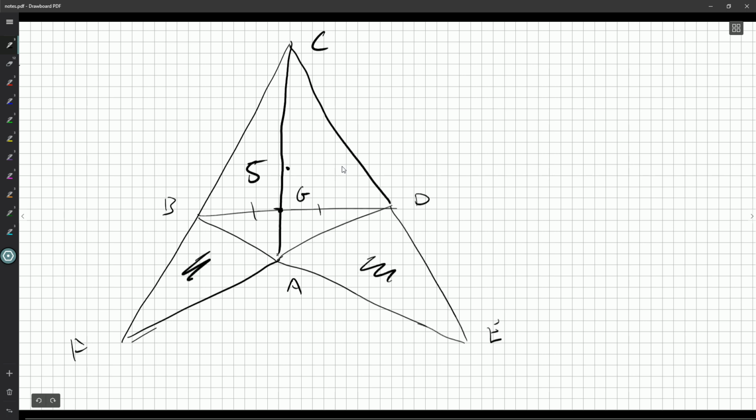This area is the same as this area. I'm really not sure where to go. I probably need some other similar triangle somewhere.